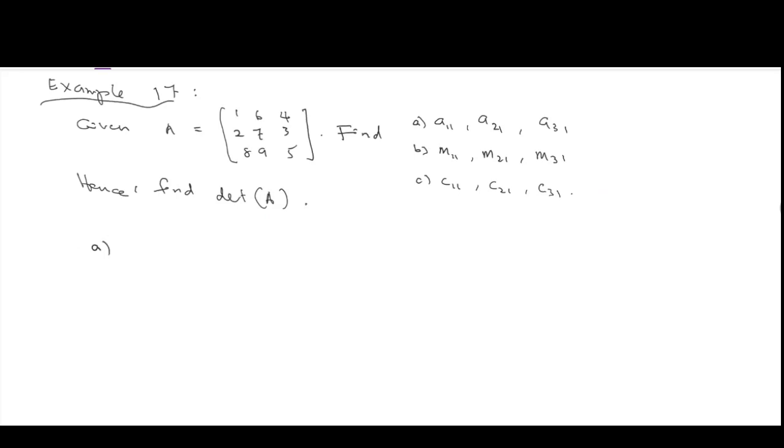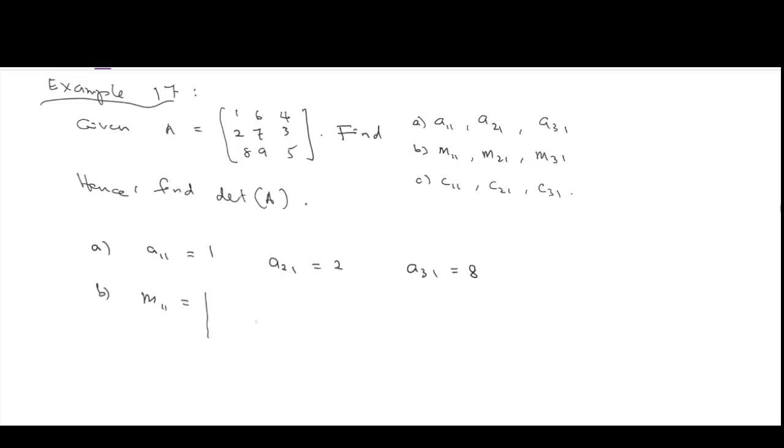So for question A, we want to find the element of A11. The element of A11 is 1. That is the element in the first row, first column. Okay, A21, the element in the second row, first column is 2. A31, the element in the third row, first column is 8. So B, minor 1, 1.